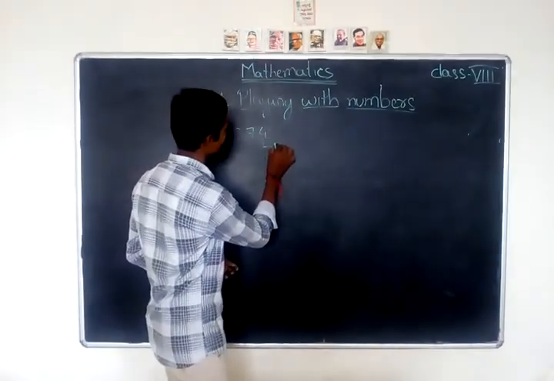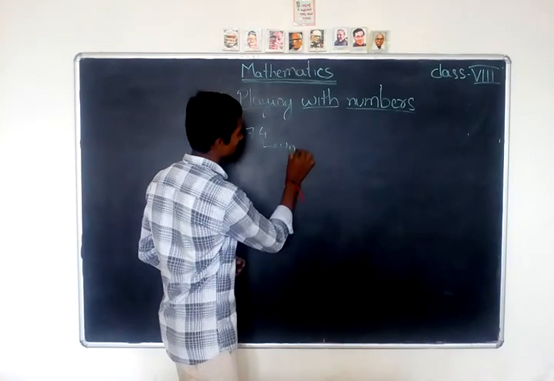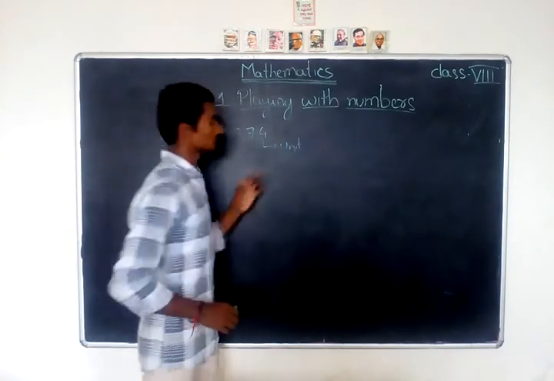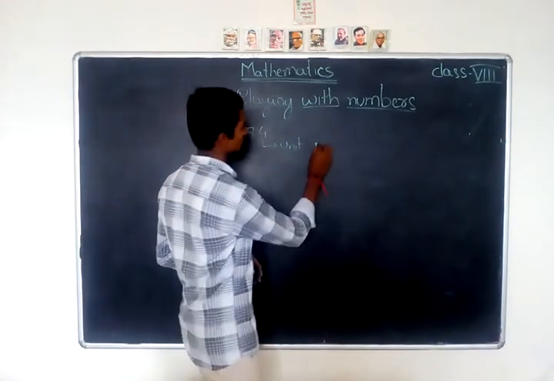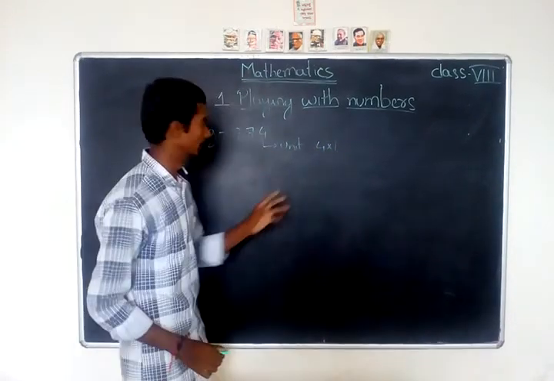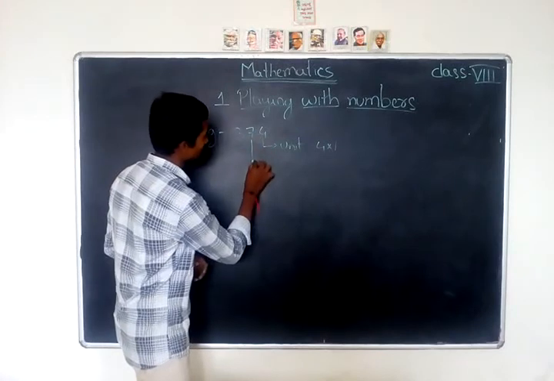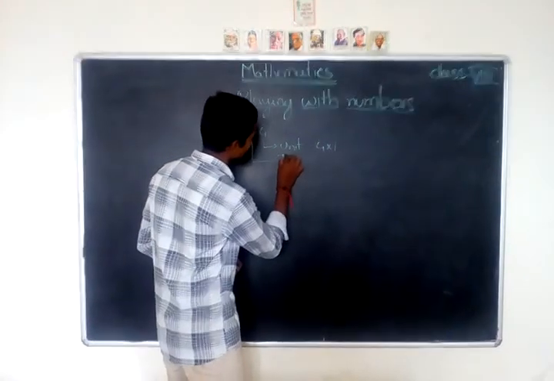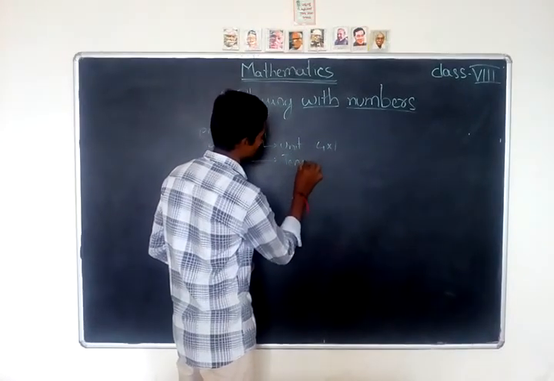4 has got unit place, which means we can write 4 as 4 into 1, where 1 is unit, right? Now 7 takes tens place.